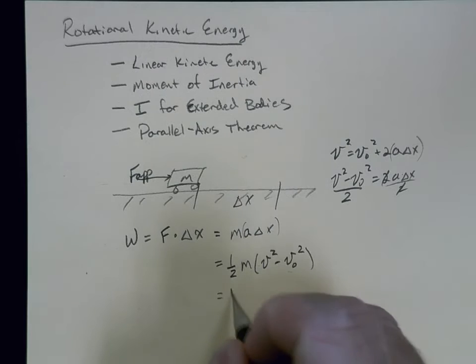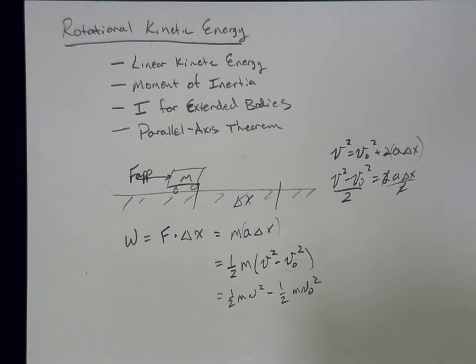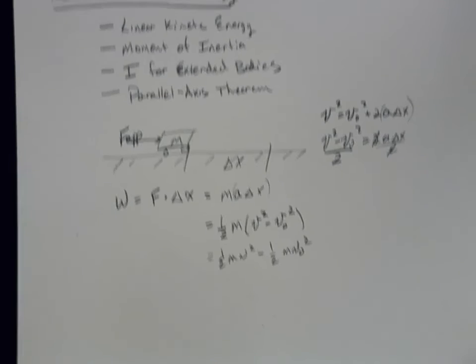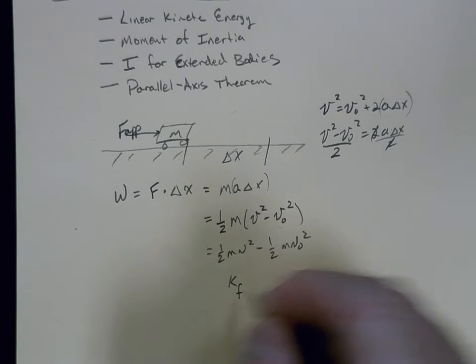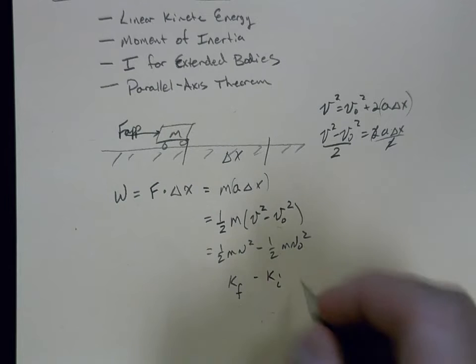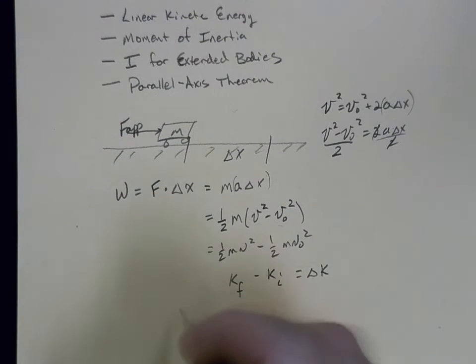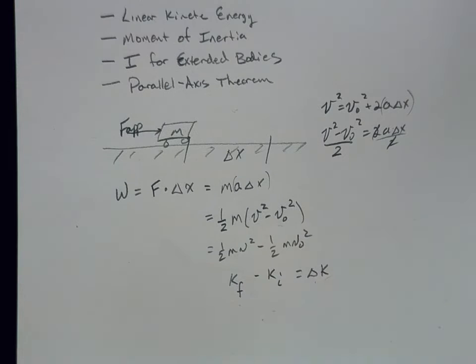This winds up being 1/2 mv squared minus 1/2 mv naught squared. We have defined this as our kinetic energy: this would be the final kinetic energy, and this the initial kinetic energy, so this is delta K. So we know that our work winds up being our change in our kinetic energy.